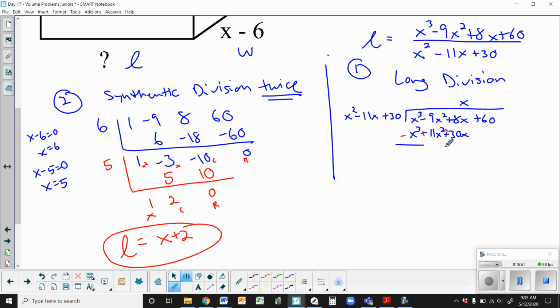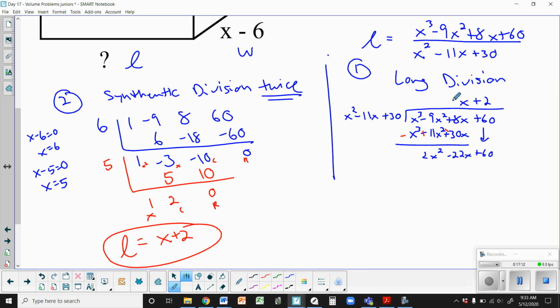All right, so then we have a positive 2x squared. We have a negative 22x. We bring down our 60. All right, so now 2x squared divided by x squared is going to be positive 2.